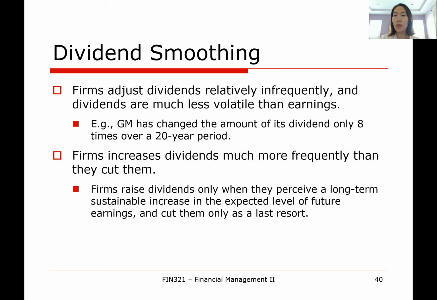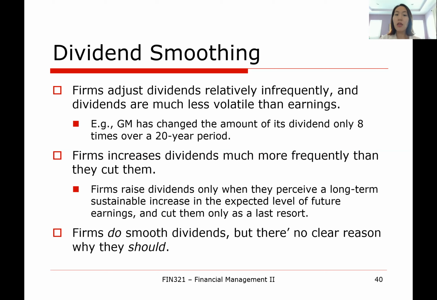So when a firm chooses to change its dividend amount, it's more likely to increase it rather than cut it. Firms raise dividends only when they perceive a long-term sustainable increase in the expected level of future earnings, and they cut them only as a last resort, when they are really in bad shape. So the clear fact is that firms do smooth their dividends, but there's no clear reason why they should.